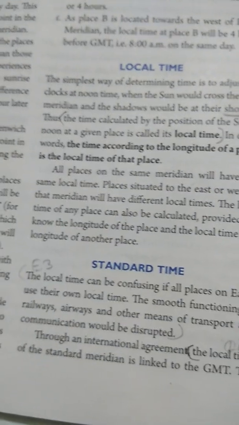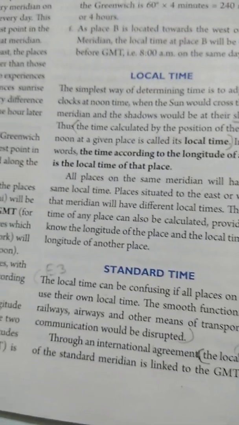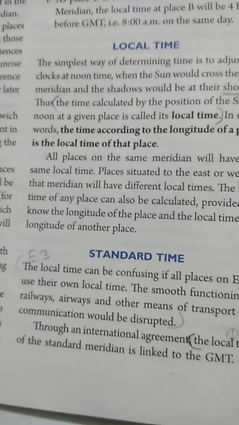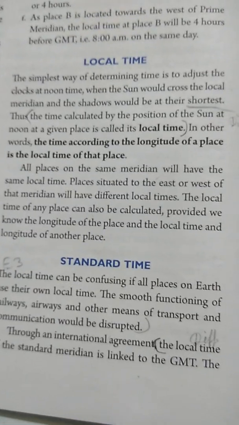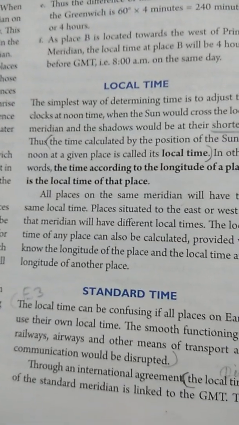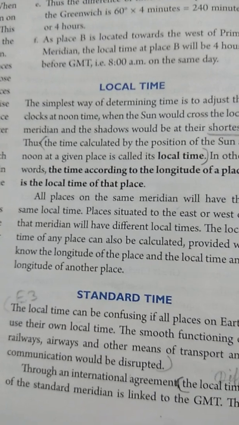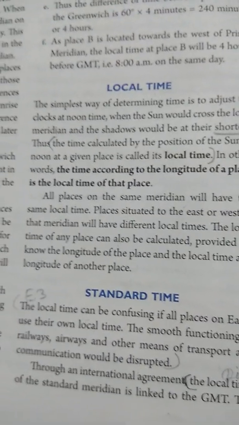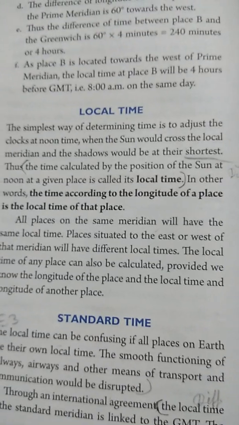Now see there how it is the standard time. The local time can be confusing if all the places on the earth use their own local time. The smooth functioning of railways, airways and other means of transport and communication would be disturbed. Now how could it be?